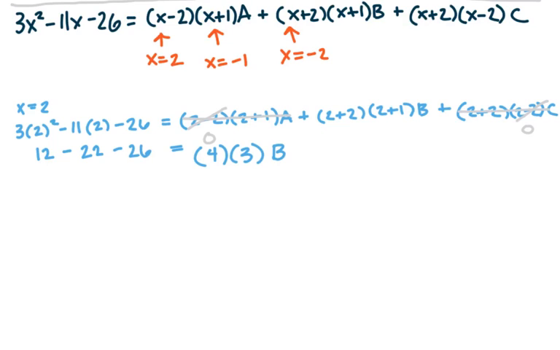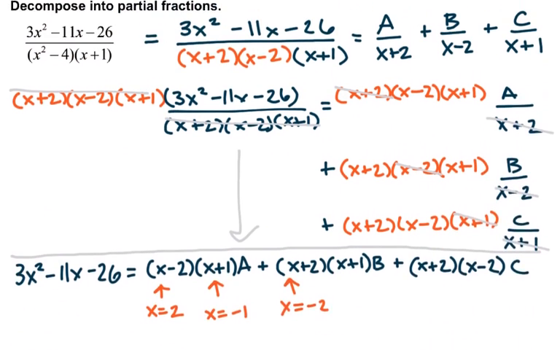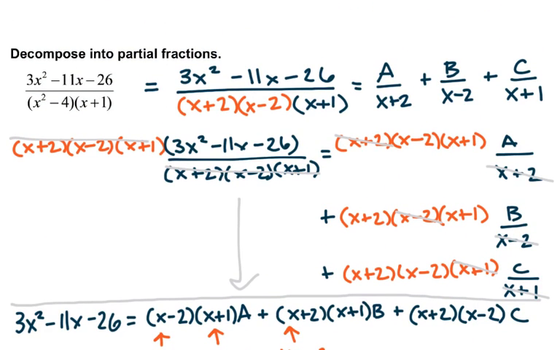So I end up with negative 36 on the left equals 12B on the right, and dividing both sides by 12, I'm going to end up with negative 3. So I have my B value, and I'm going to scroll up here and put that into the equation at the top. So I still need to find A and C.